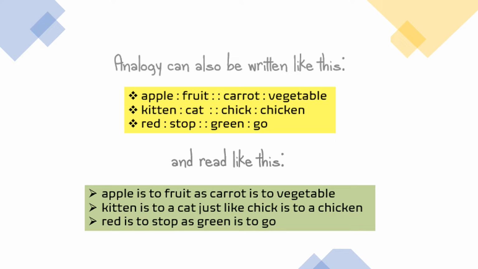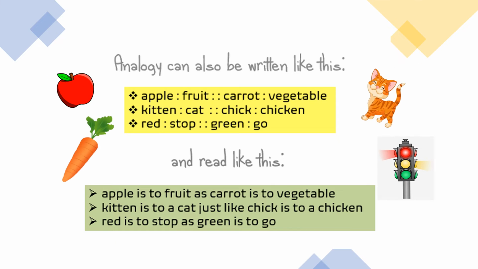Apple is to fruit as carrot is to vegetable. Kitten is to cat, just like chick is to chicken. Red is to stop, as green is to go. Not all analogies are under these characteristics. Let's find out what are the other types of analogies.